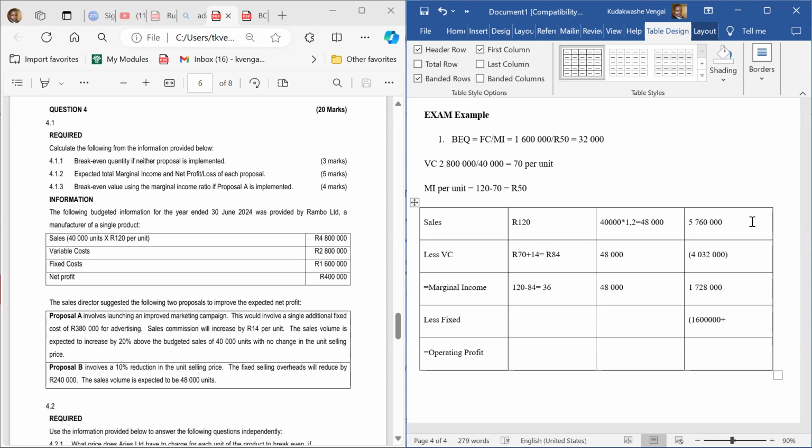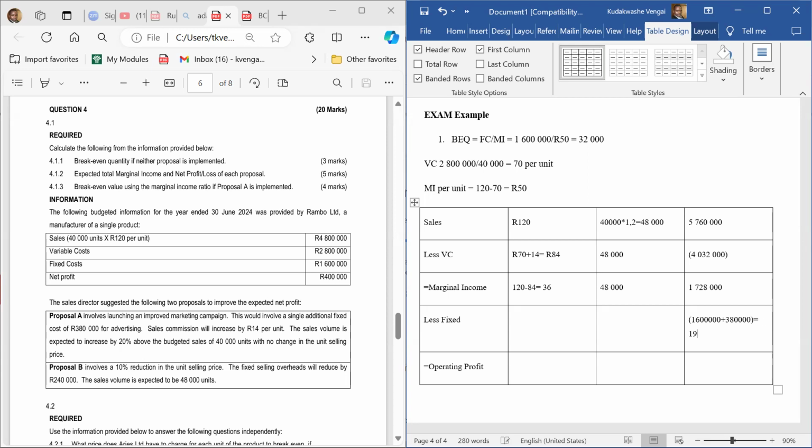And then we're going to add 380,000. So 1.6 plus 380,000. And that is going to give us here 1,980,123. So that becomes our fixed cost.